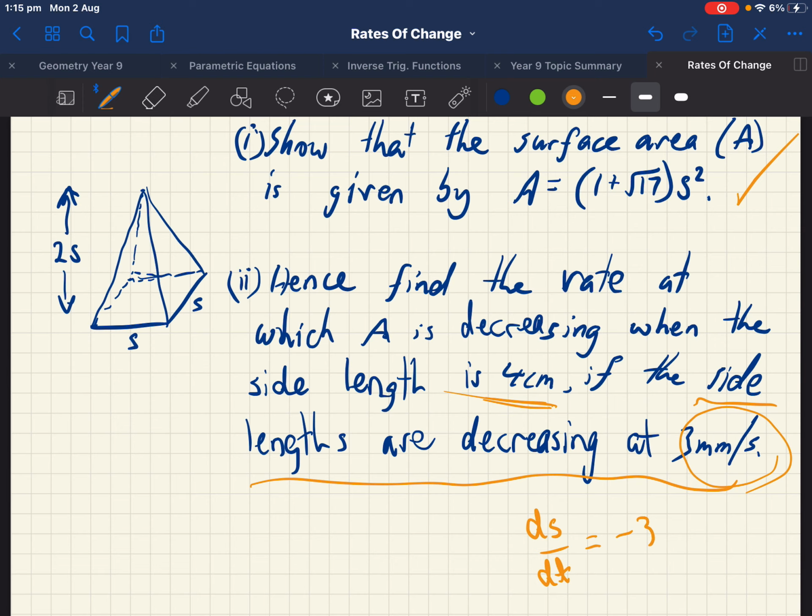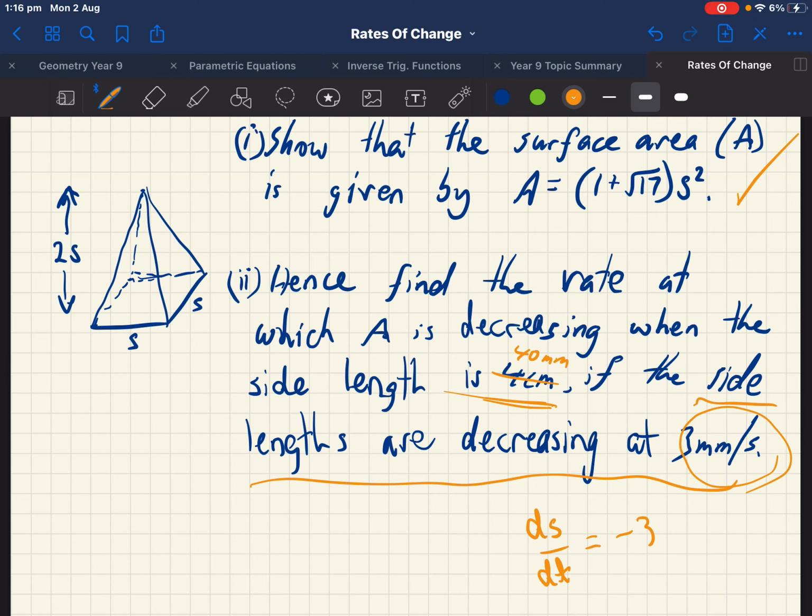It's decreasing. Now, I'm noticing a difference in units here. This is millimeters per second, and the side length up here is 4 centimeters. I'm going to convert everything to mils because I'm avoiding decimals, and it's easier to change a length than to muck around changing a rate. So ds dt is -3.